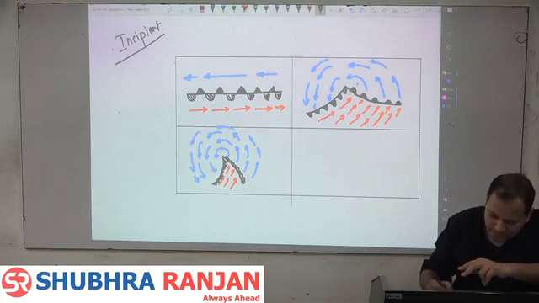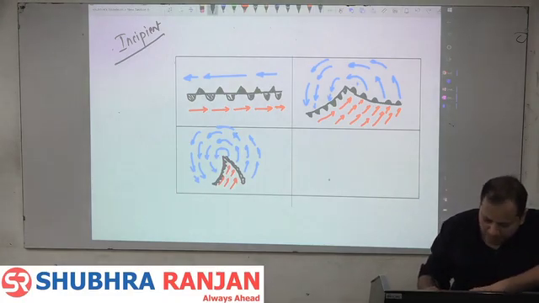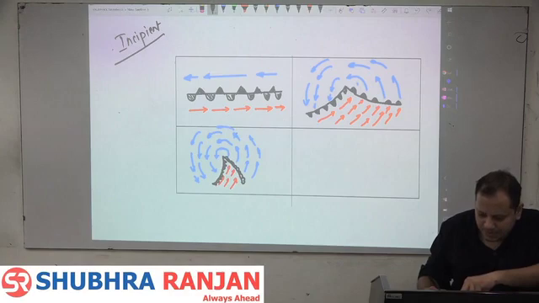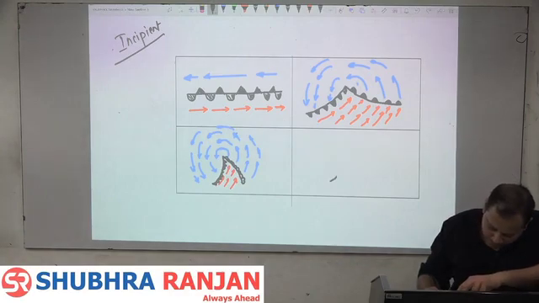The process is again repeated. The process will keep on repeating from the formation of the stationary front. Understanding?